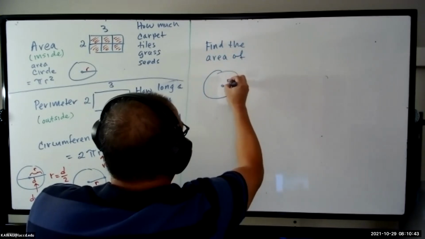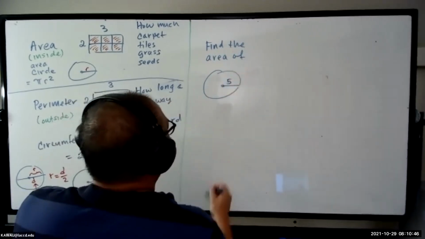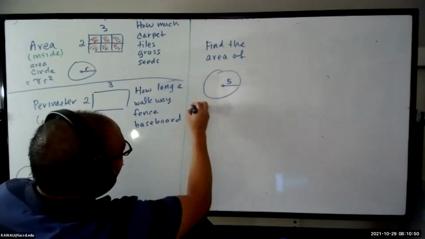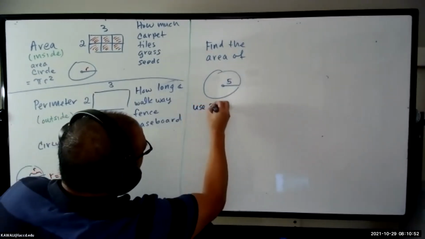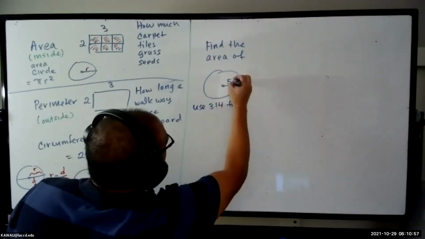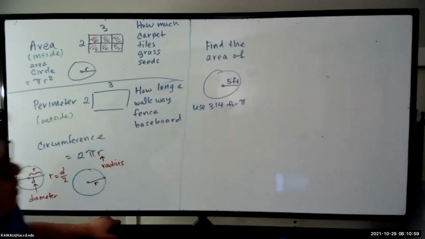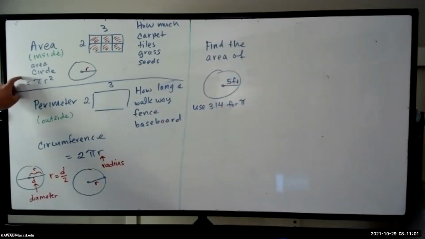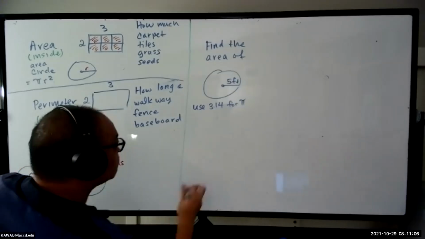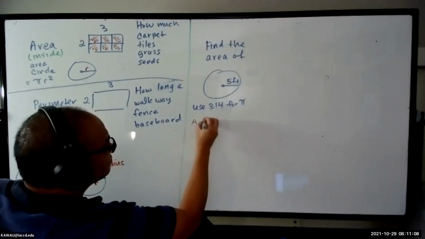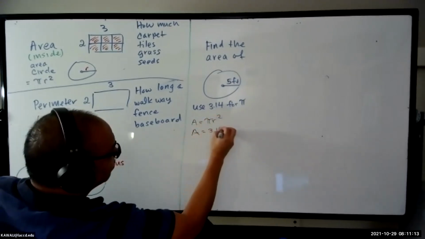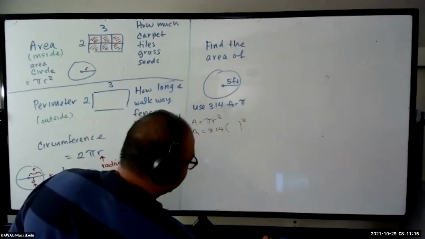Let's call this 5. Okay. Go ahead, do that, and then it'll say use 3.14 for pi. So go ahead and do that. Plug it into this formula. So go ahead and plug it into here. Okay, and figure out your answer.